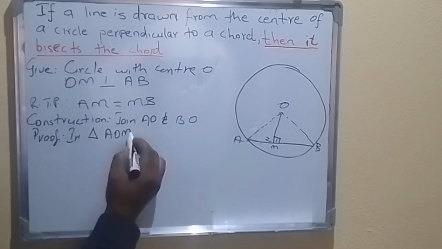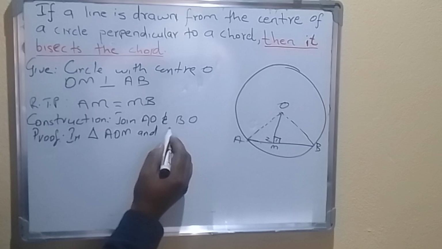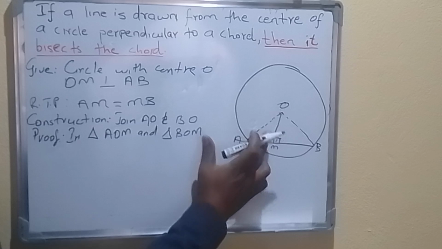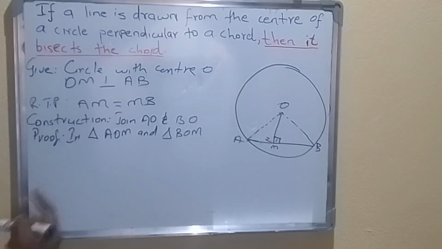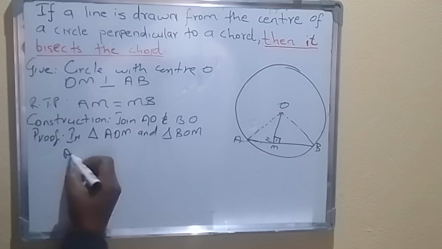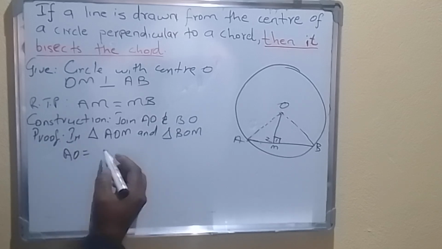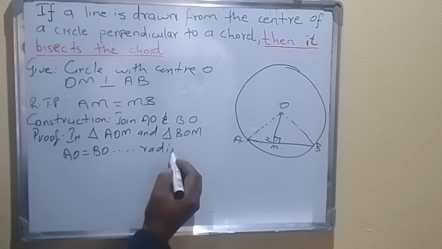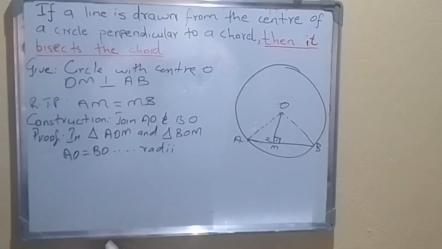So proof: in triangle AOM and triangle BOM, these two triangles, I can say AO is equal to BO. Why? Because these are radii. This is the radius and this is the radius.